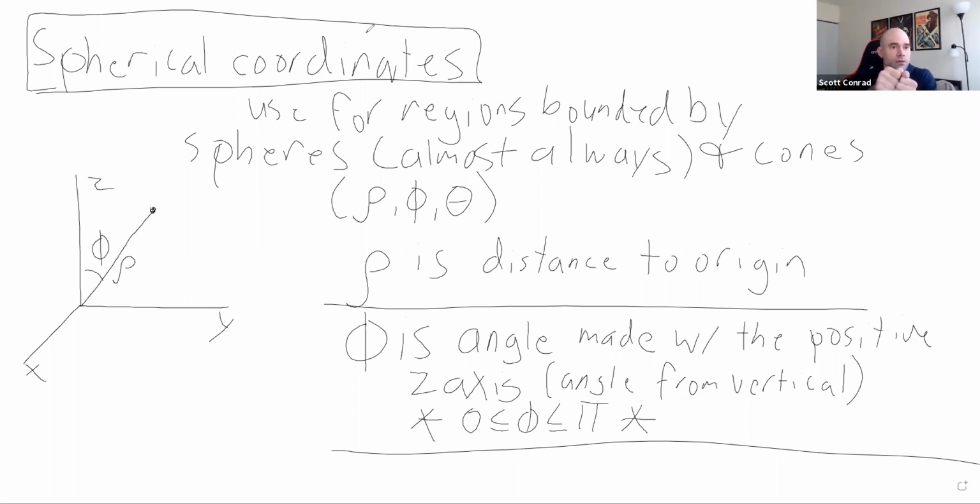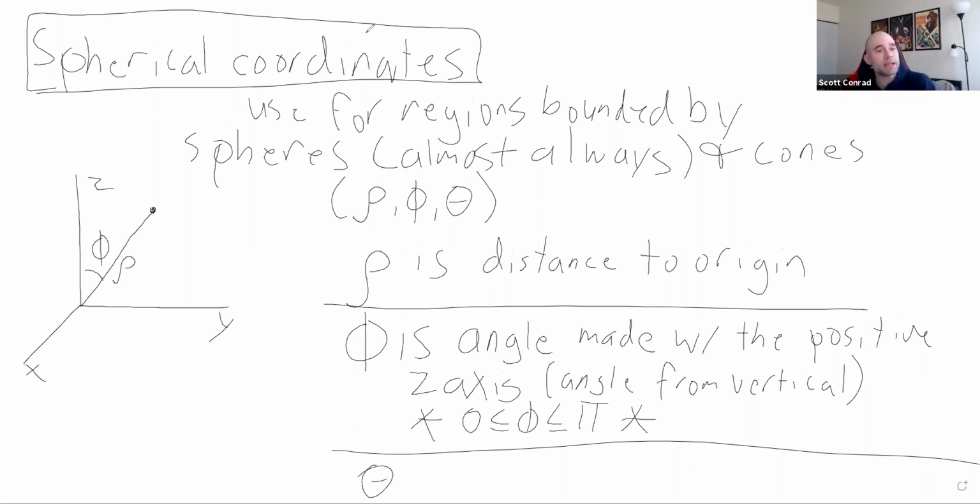Phi equals pi lies on the negative z-axis. You've gone all the way around to the bottom. That's the largest phi can be, pi, lying on the negative z-axis. And we'll look more at that in a second.